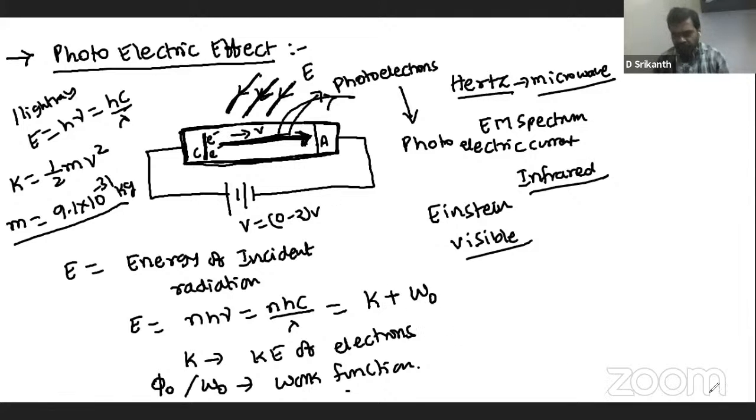From the preliminary studies, we know that potential is defined as work required to bring a positive charge from infinity to the given region. So work done I can write as charge times potential.